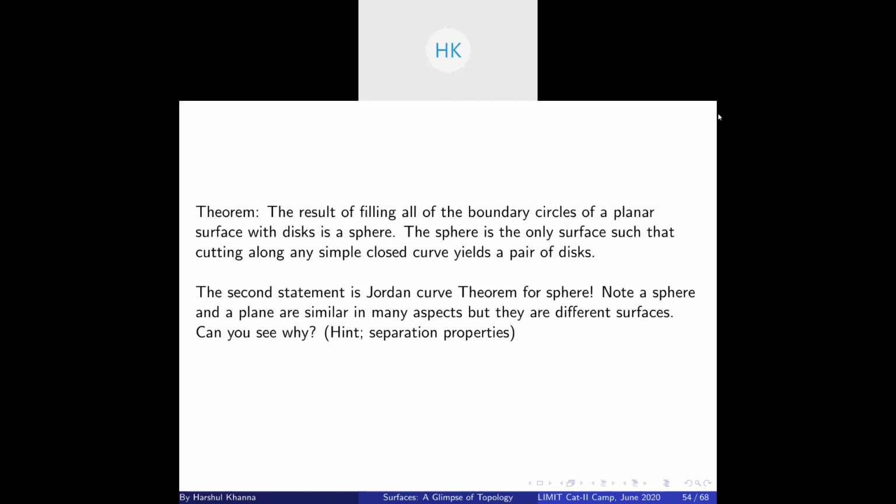No? Okay. So basically, in a plane, if you take a line and remove that line, you separate the whole plane. But when you consider a sphere, you need a circle. You can see why a circle separates a sphere. Circle and line are different entities, and that is a possible explanation, but separation properties make it more rigorous.